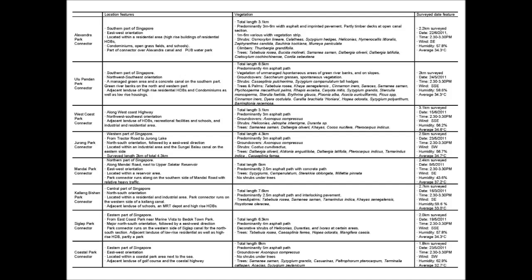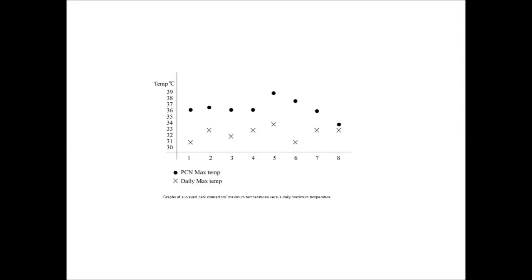This table shows the detailed information of the surveyed park connectors, their location features, vegetation types, design elements, and date and time. The micro and ambient temperature is considerably different from the official temperature from the Singapore weather information portal site.